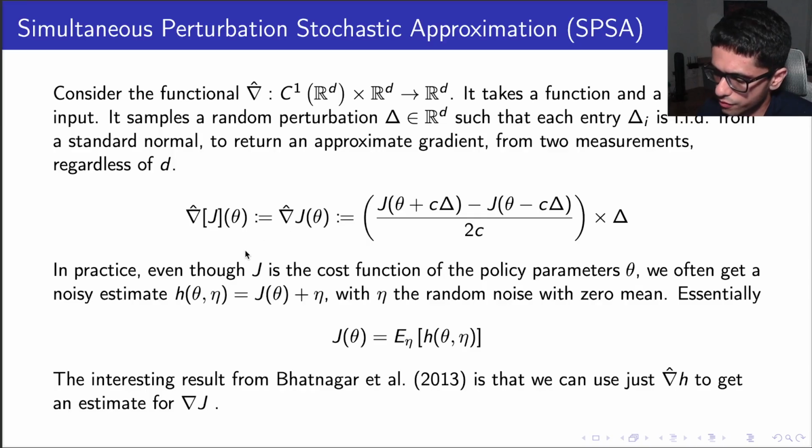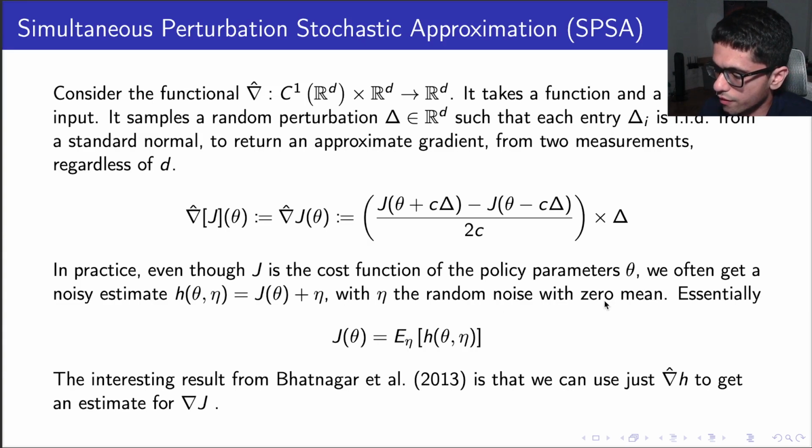In practice, we don't really have access to J. All we have is this noisy function, let's call it H. It's like if you have this policy with parameters theta and you play the game and you find a reward at the end. If you play the game with the same parameters policy, you could get a different reward. To model that, we are just using this eta noise.